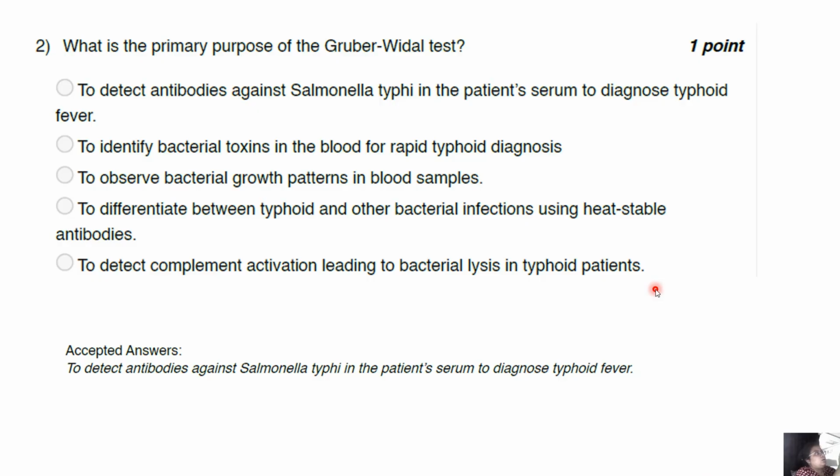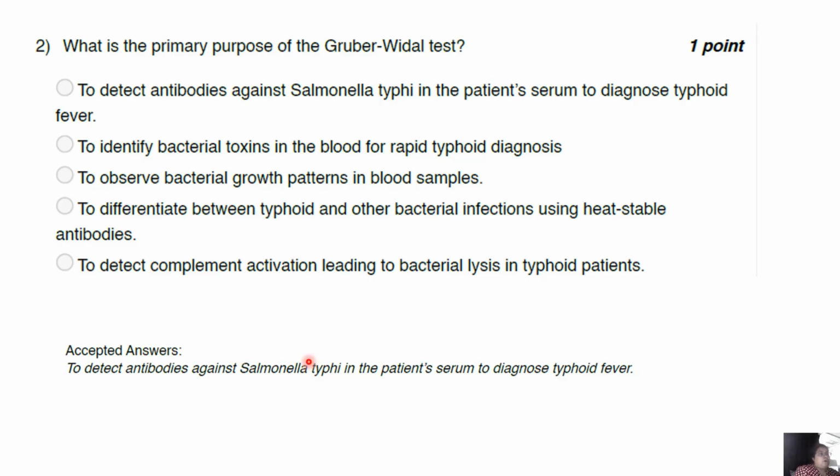It's basically a serological agglutination test that detects anti-O somatic and anti-H flagellar antibodies against Salmonella typhi and even sometimes Salmonella paratyphi in a patient's serum. A significant rise in antibody titer supports the diagnosis of typhoid fever.